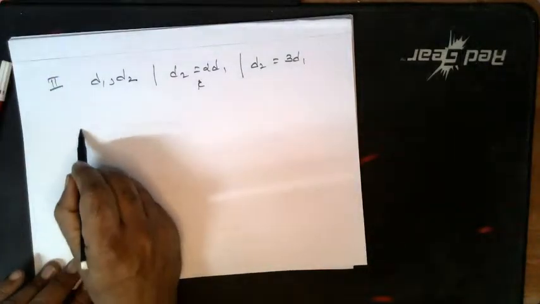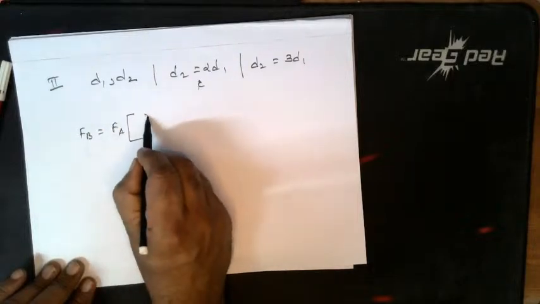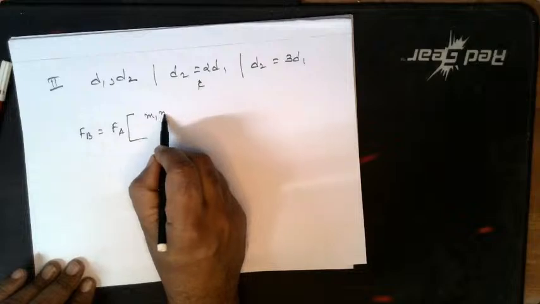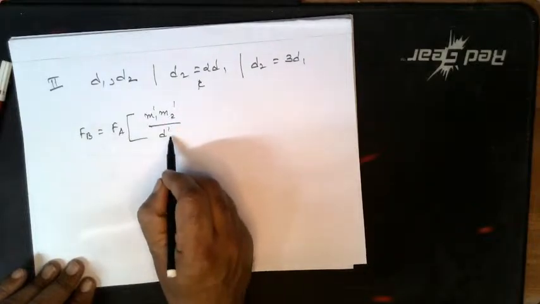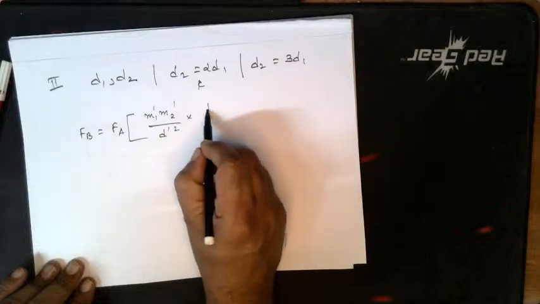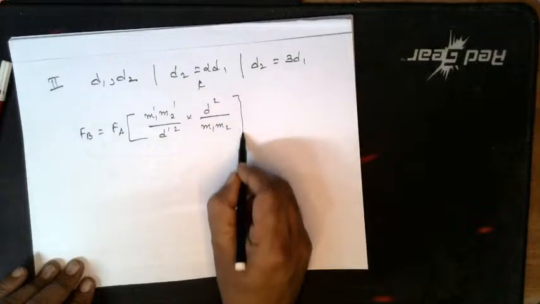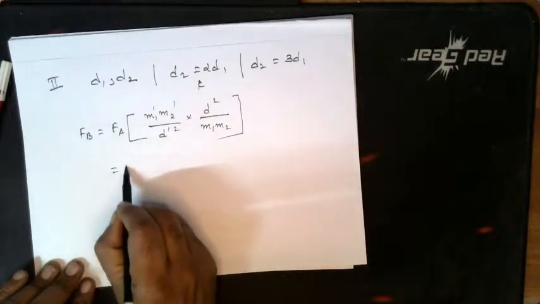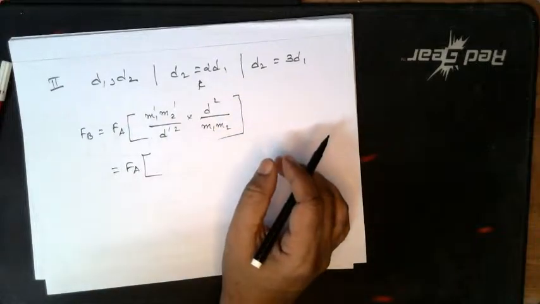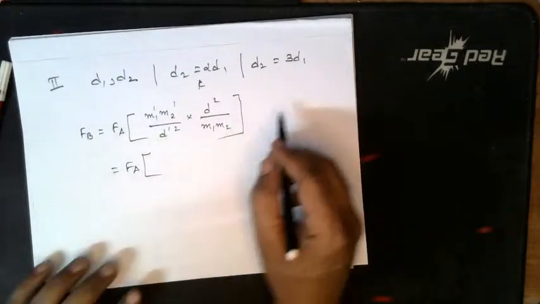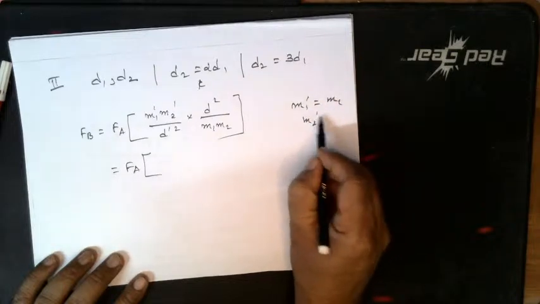FB is equal to FA into M1 M2 dash divided by D dash squared, into D squared divided by M1 M2. Now the mass is remaining constant, there is no change in the mass. So M1 dash is equal to M1, M2 dash is equal to M2 only.